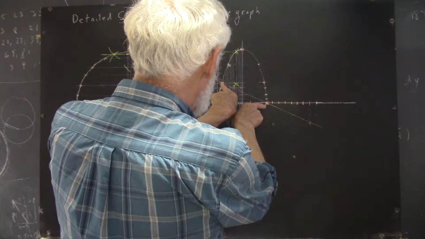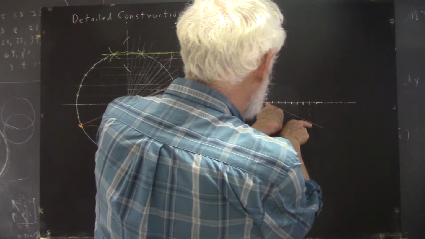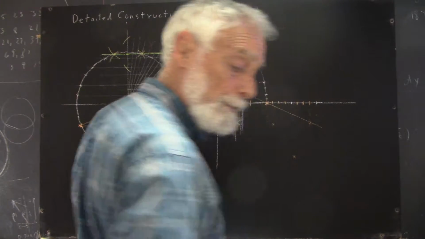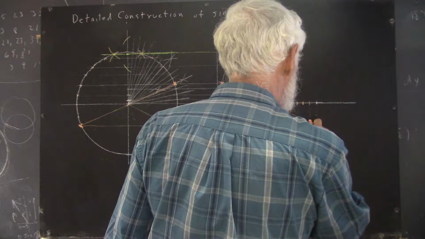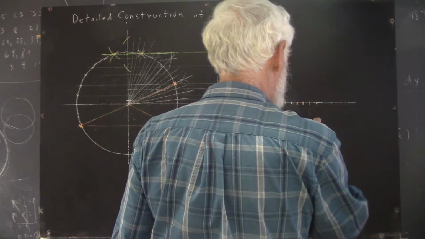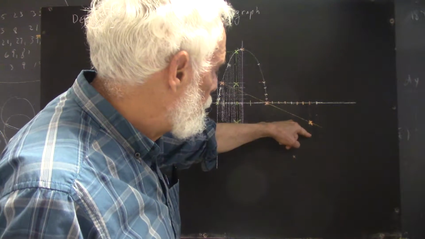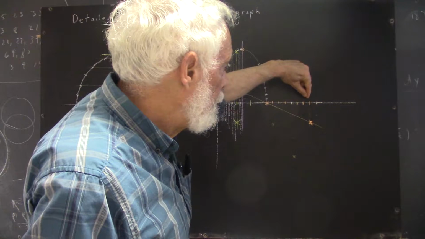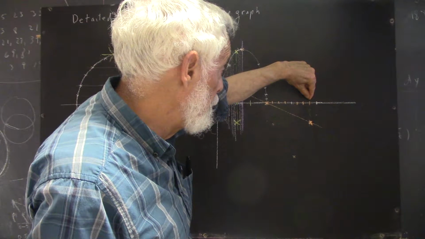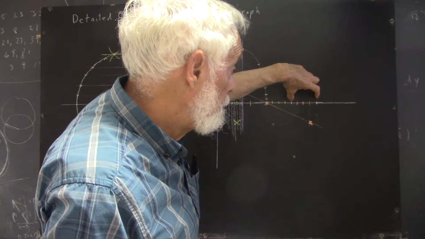Well, I can take this distance here and measure the same distance here and get a point here. Now if I've done that accurately, this point will lie at a perpendicular below this point, assuming that this point has been constructed by subdividing this interval twice.